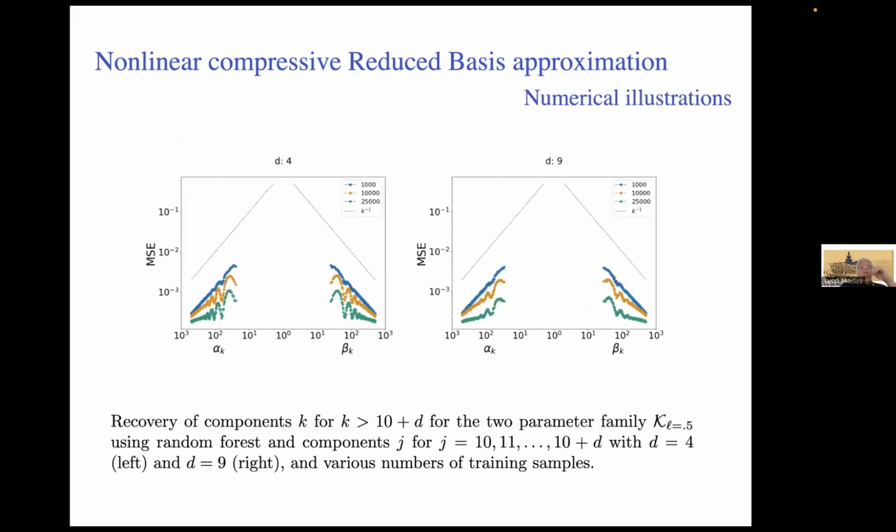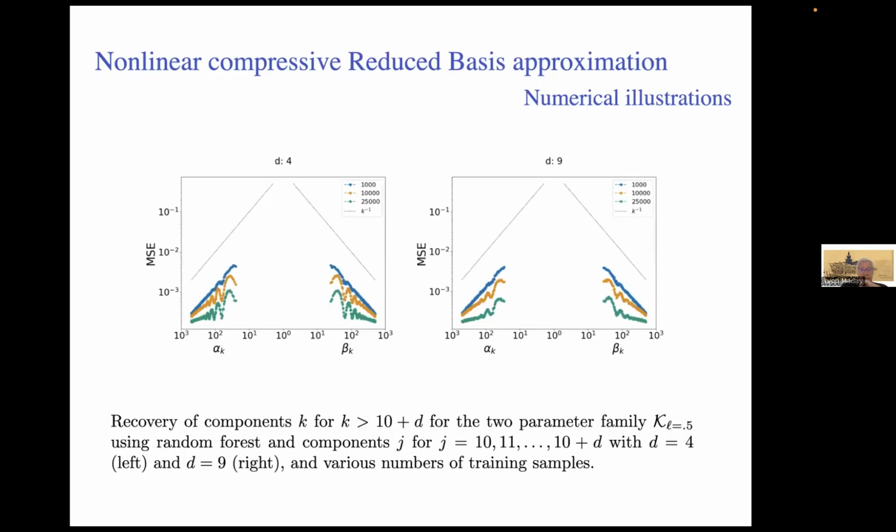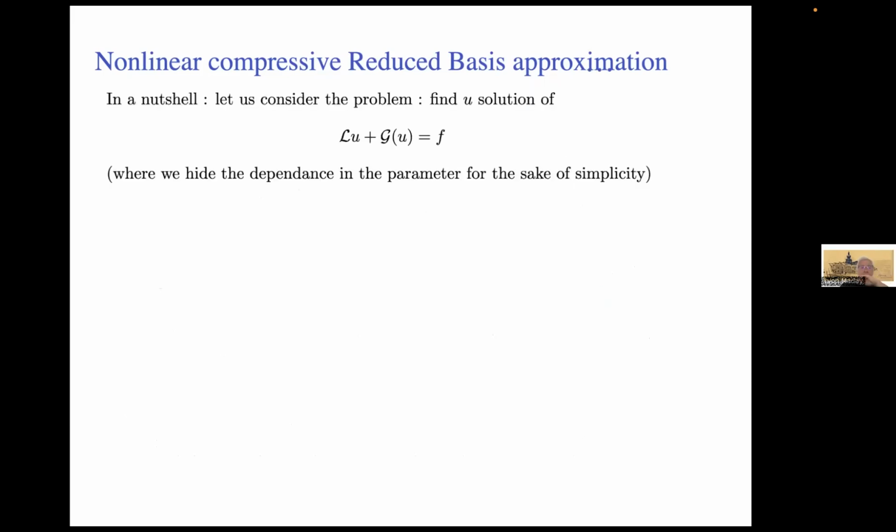This is what we show here, where from the coefficients k between 10 and 10 plus d, we are able to recover all the coefficients that are larger than this with the random forest. Okay, so in a nutshell, now let us explain how we will use this concept.